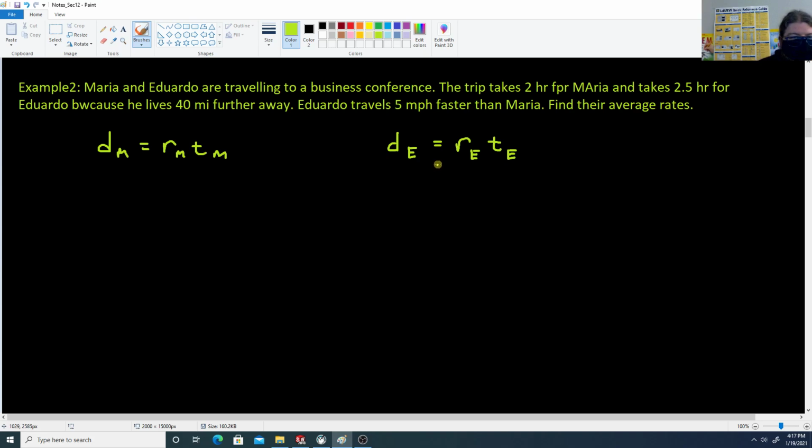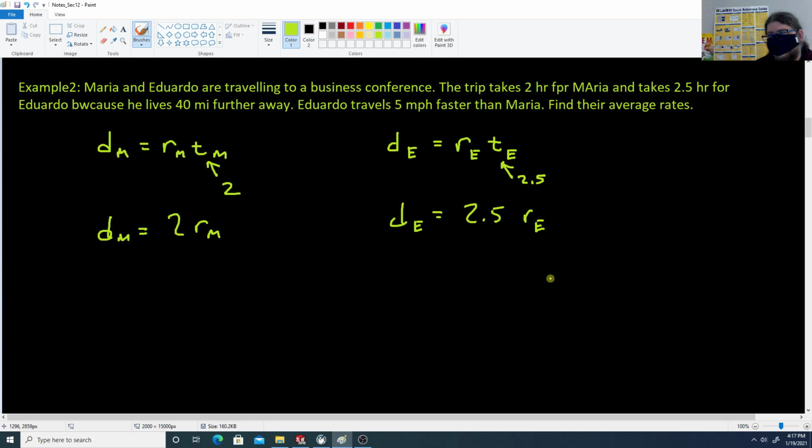So, 2 hours for Maria, 2.5 hours for Eduardo. Time for Maria is 2. Time for Eduardo is 2.5. So the distance Maria travels is 2 times her rate of travel, and the distance Eduardo travels is 2.5 times Eduardo's rate of travel.